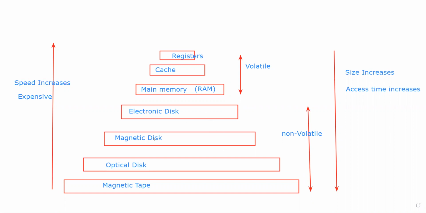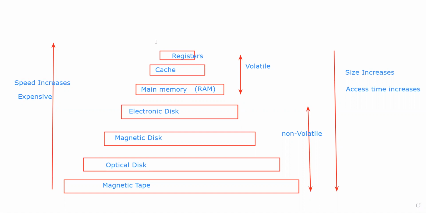In the electronic disk, magnetic disk, optical disk and the magnetic tape, when the power goes off, the memory is still available. But in registers, cache, and main memory, when the power gets off, the memory will be lost. Those are the things you want to understand.